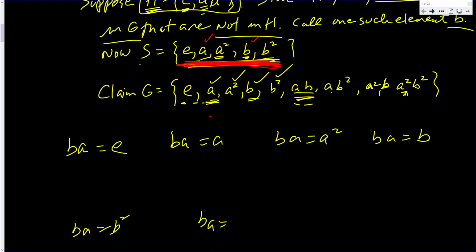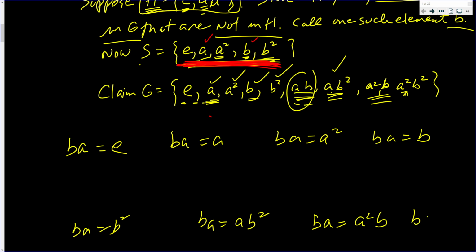Well, we'll skip AB. I'm going to show that it can't equal any of the others, so it has to be AB. Can BA equal AB squared? Can BA equal this? And lastly, can BA equal this one?